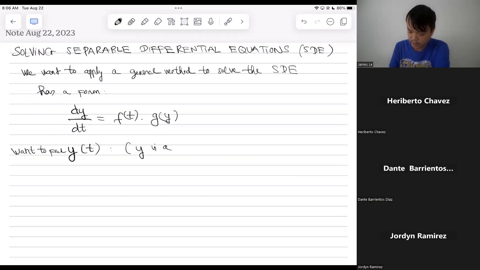So t is the independent variable, and y is a function of t. Whenever you see dy over dt, and f of t, g of y right here.